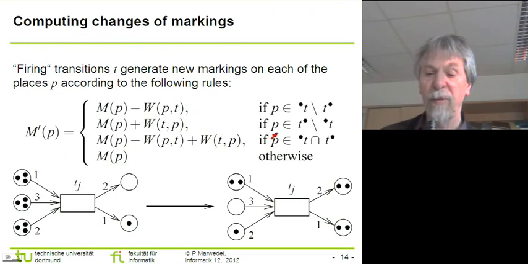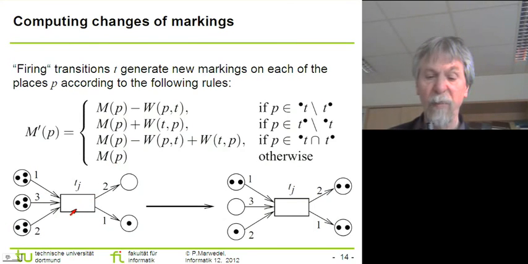If we have a place which is in the post-condition set, but not in the pre-condition set, then the weight on the edge will tell us how many tokens we have to add. And if actually we have a loop, which means that in this case we are not restricted to pure nets, then the difference will tell us by how many tokens this transition will change the marking on that place P. If a particular place is not at all connected to one of the transitions, then the number of tokens will not change if transition T takes place.